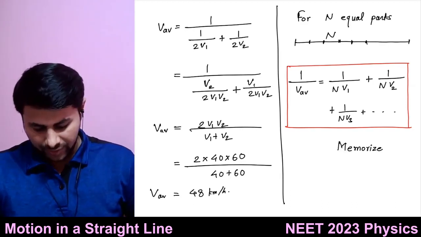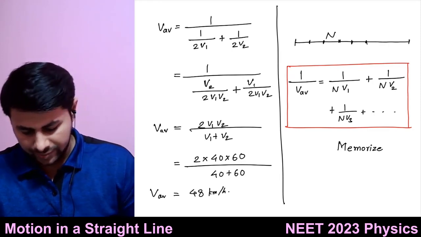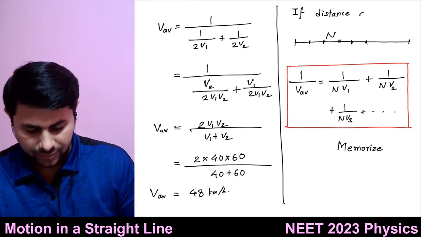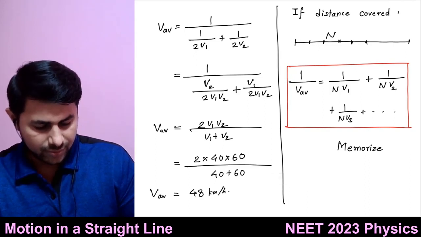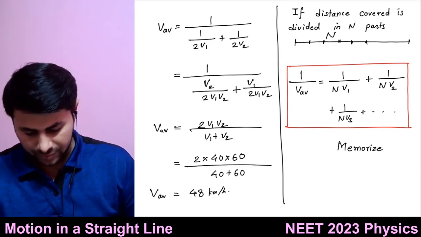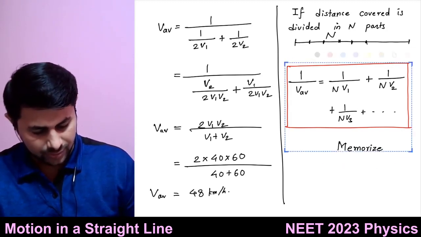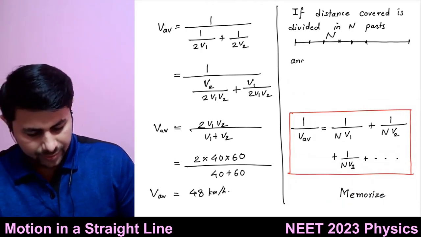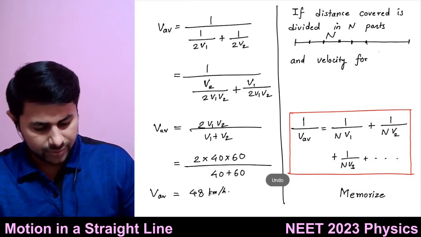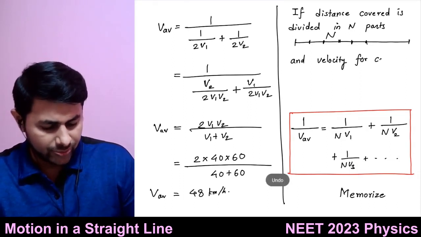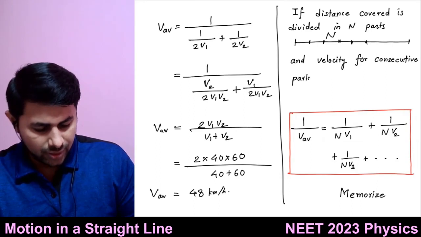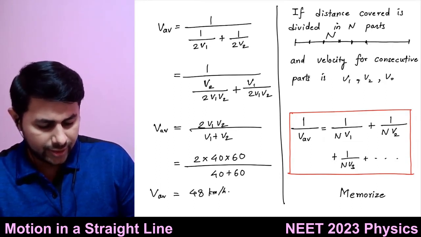So got it? Yes, sir. So I will write it clearly. Okay, so if the distance covered is divided in n parts, and velocity for each part, velocity for the consecutive parts, I can say, is v1, v2, v3, so on and so forth.